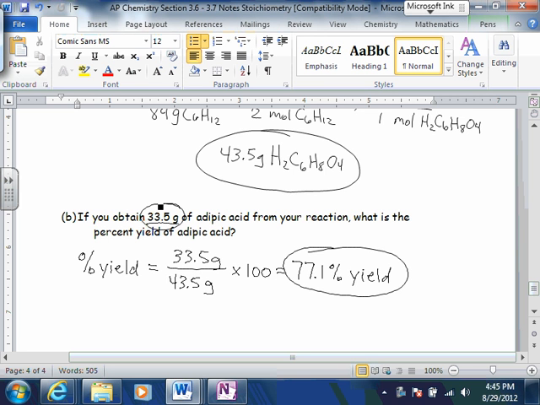They will tell you this is what was actually obtained in the lab, or this is what was collected in the lab, or that sort of thing. It'll tell something about this is what you actually did, or this is what actually happened in the lab. That's your actual yield. Theoretical is what you calculate based on the starting amounts that you have. Okay? Hopefully that all makes sense.